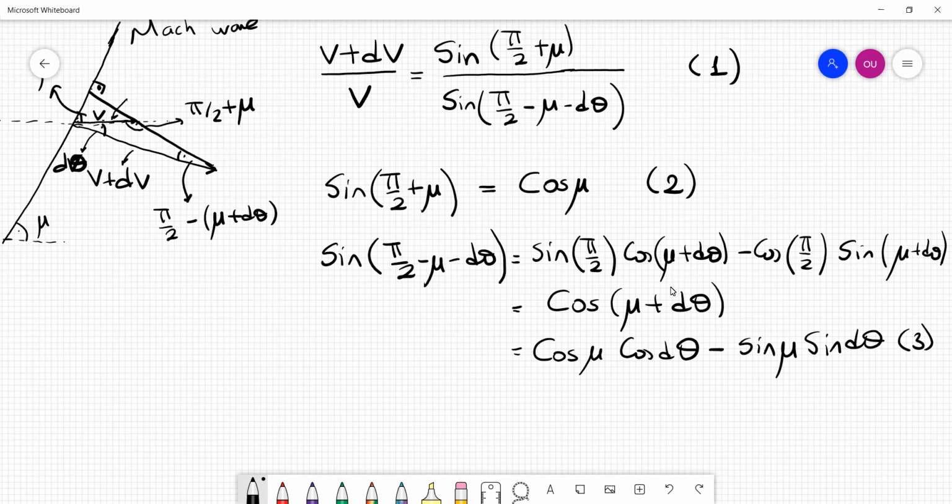So basically, we substitute 2 and 3 into equation 1. So 2 goes here, and 3 goes up above to equation 1.